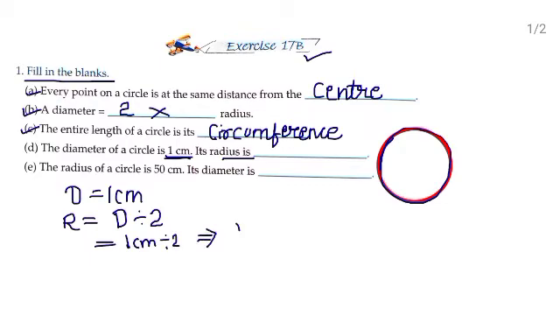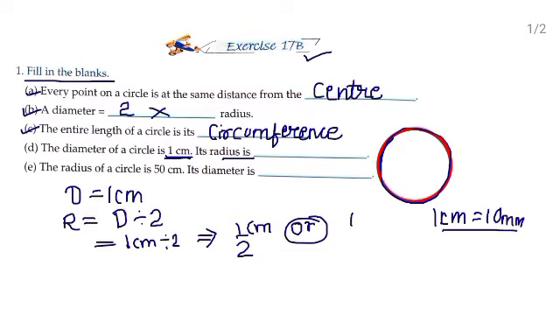So you can write it as half centimeter, and you can change the centimeter into millimeter, right? You know 1 centimeter is equals to 10 millimeter. So in place of 1 centimeter, put 10 millimeter divided by 2. 2 5s are 10. So you can write here half centimeter or 5 millimeter.